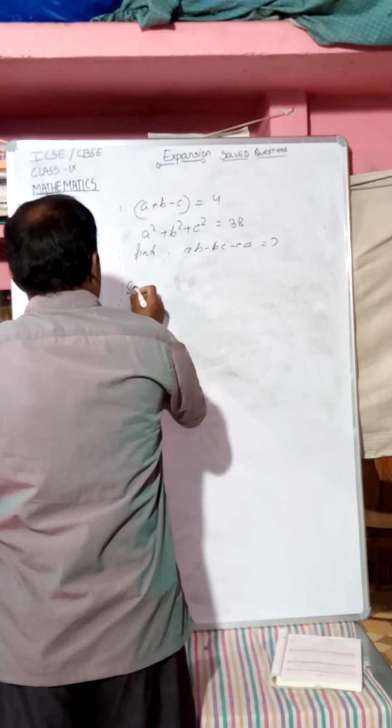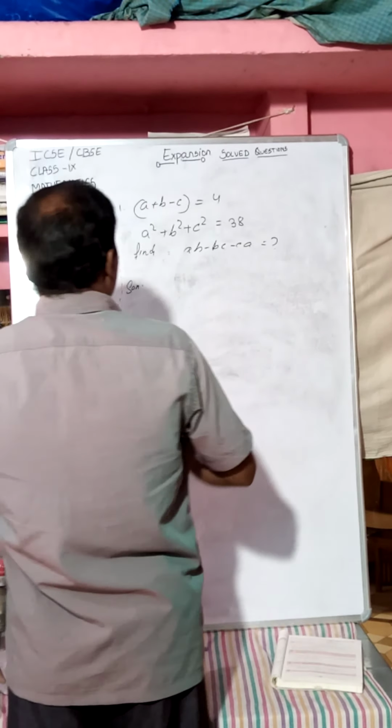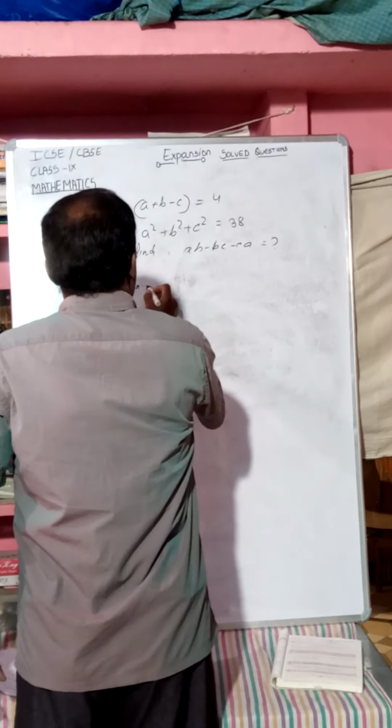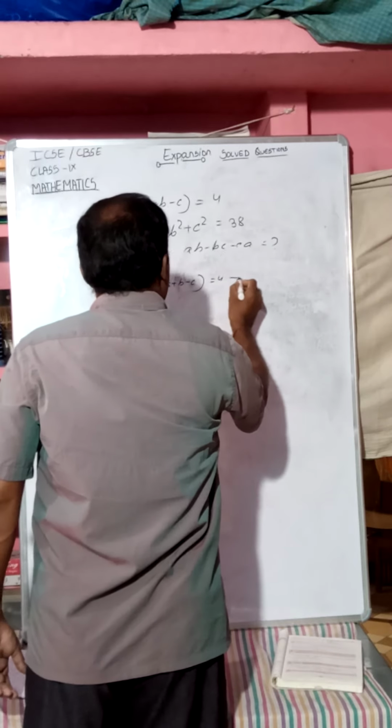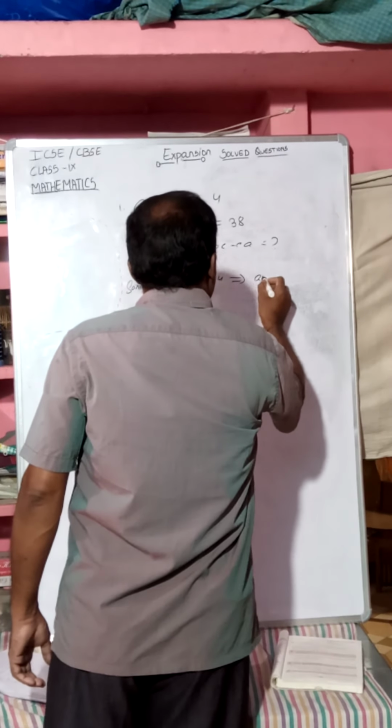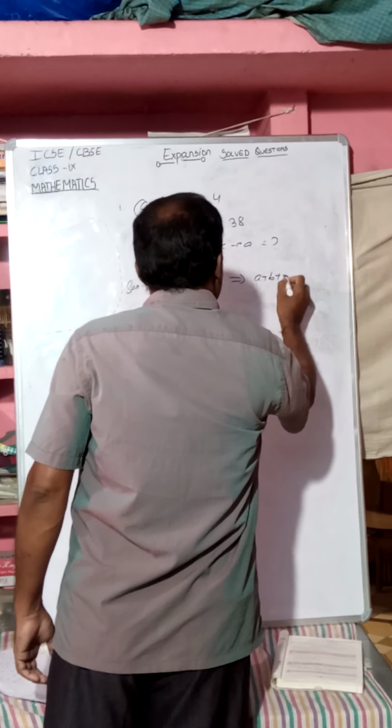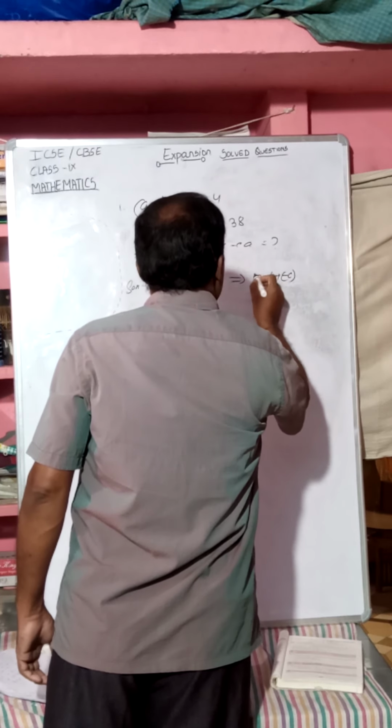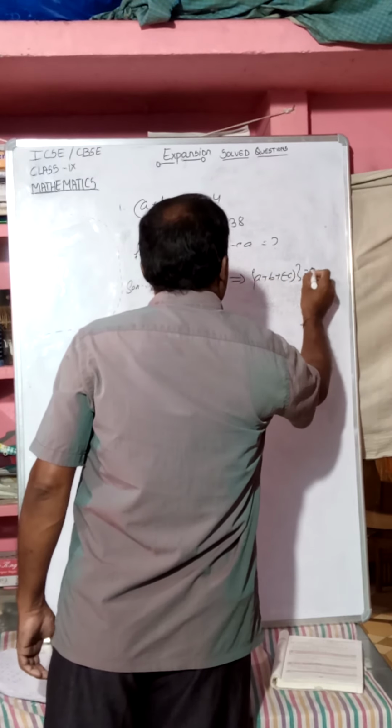Solution. Look here, a plus b minus c is equal to 4 implies that a plus b plus (minus c) is equal to 4.